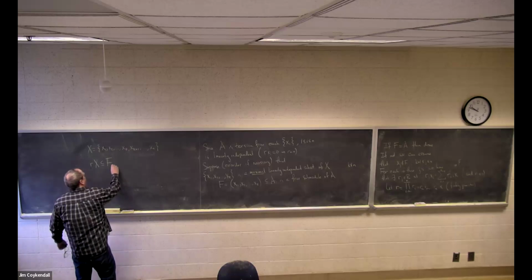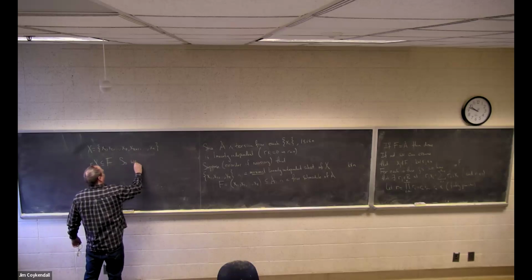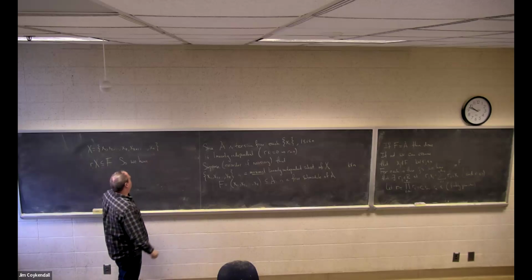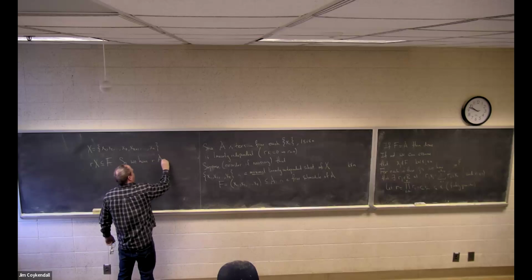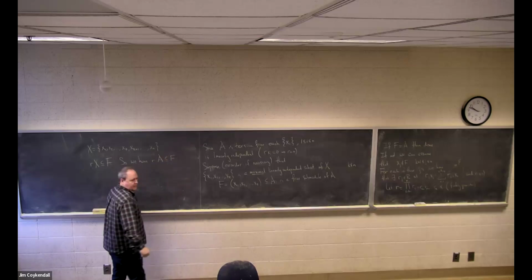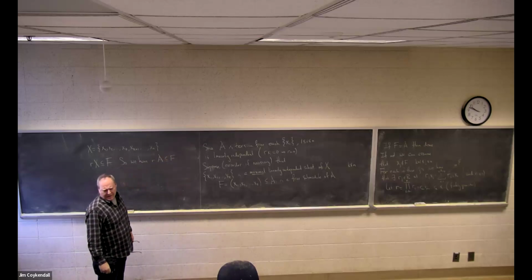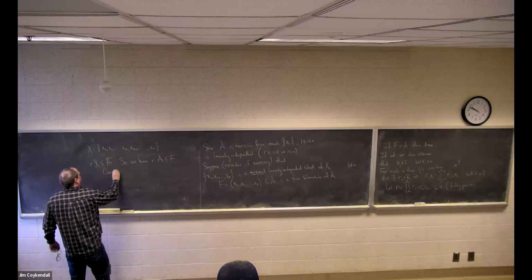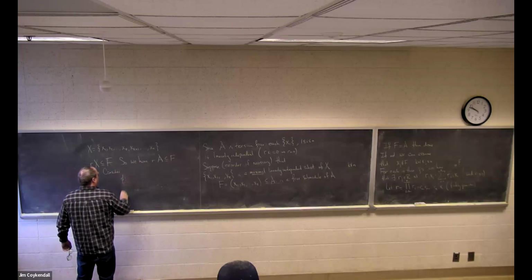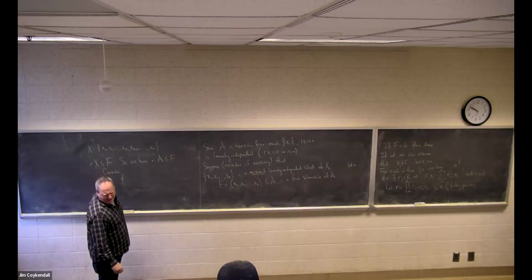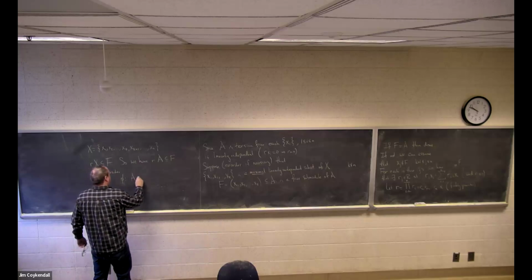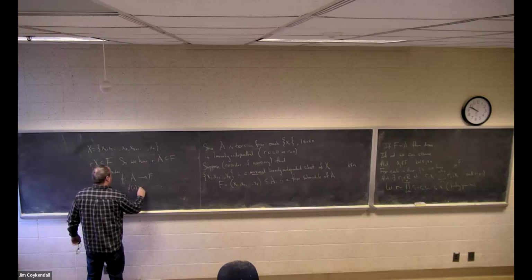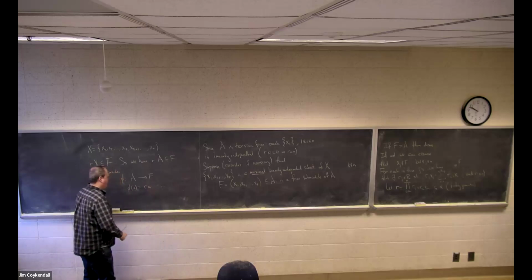So, in particular, you have that rA is a submodule of F. And consider the map phi from A to F given by phi of a is ra.